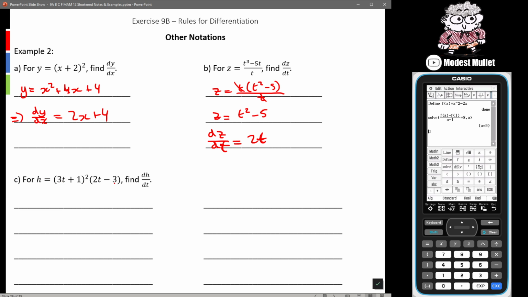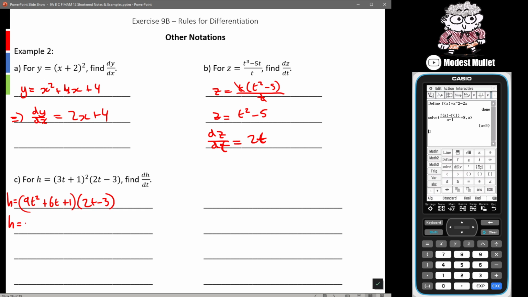Same for example C. We have to expand these brackets. So we get 9t squared plus 6t plus 1 all by the second bracket, which is 2t minus 3.